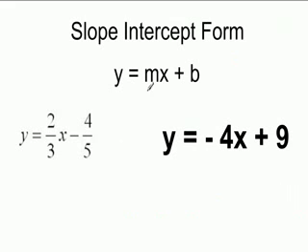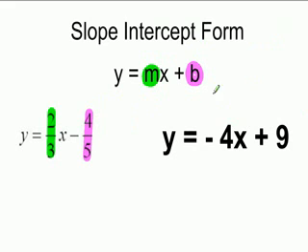So if you're looking at this equation, y equals mx plus b, here is an equation in that form. The y is first, you have a number and then an x and then another number. So in this case, 2/3 is the slope and 4/5 is the y-intercept.